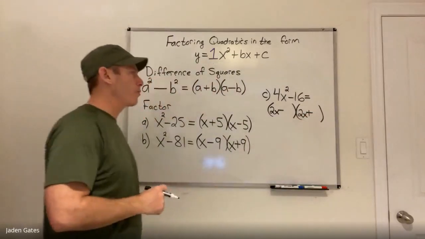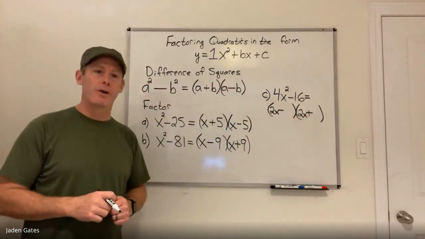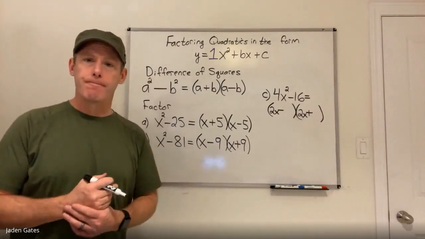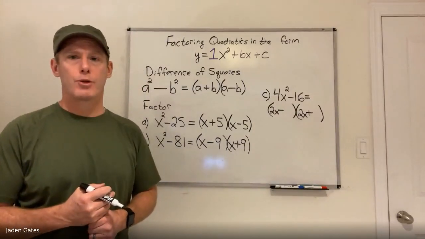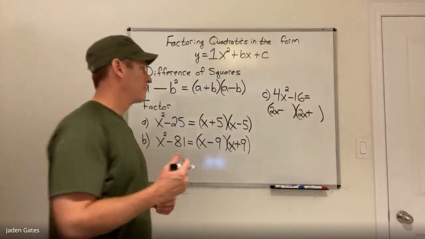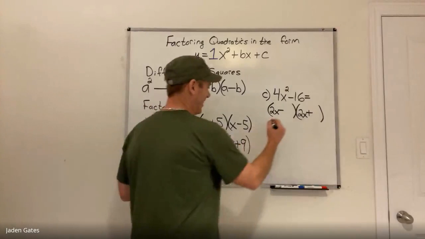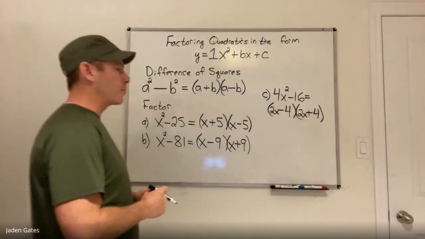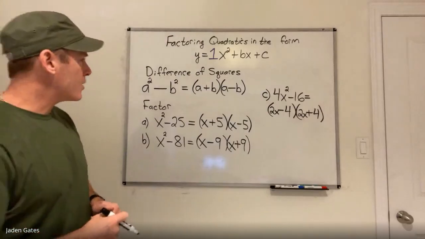Again, because the square root of 4 is 2 and the square root of x squared is x. And then we take the square root of 16, which we end up with 8. I mean 4. Thank you. 4 times 4 will give you 16. Second term, second spot.